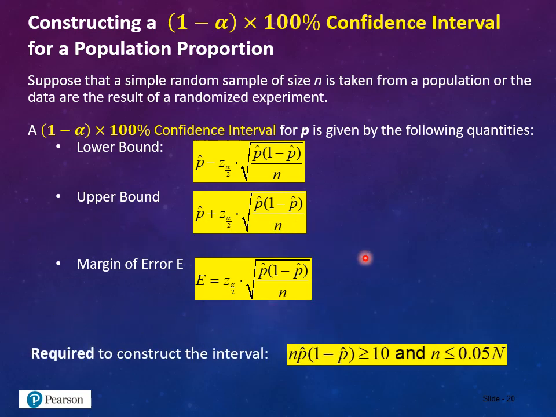And always, as we've been talking about, in order to construct this interval and for it to be valid, we have to make sure that our sample size is appropriate, that it is not more than 5% of the population. Okay, and that's what you see here in this last one. And these are calculations that confirm that. So we need to confirm both of those.